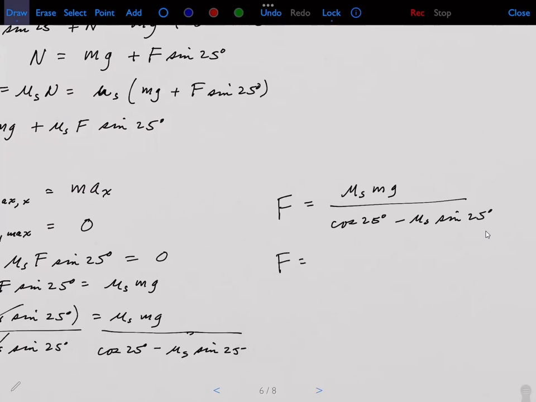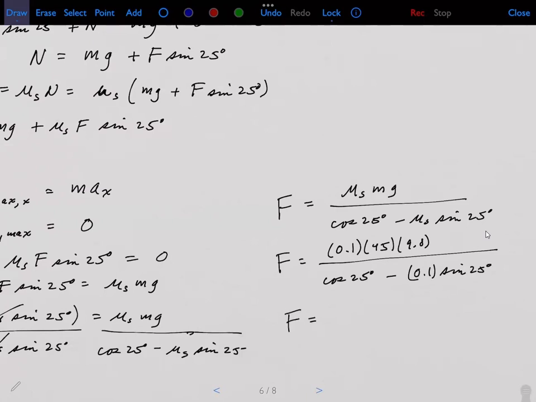Okay, so mu s was 0.1, right? m was 45. g, of course, is 9.8. Then I have cosine of 25 minus 0.1 times sine of 25. Plug that into your calculator.